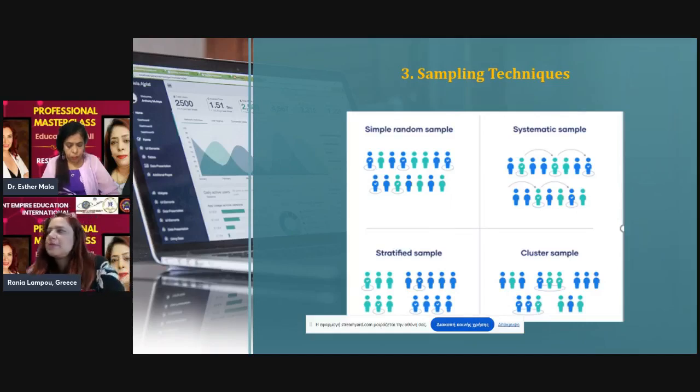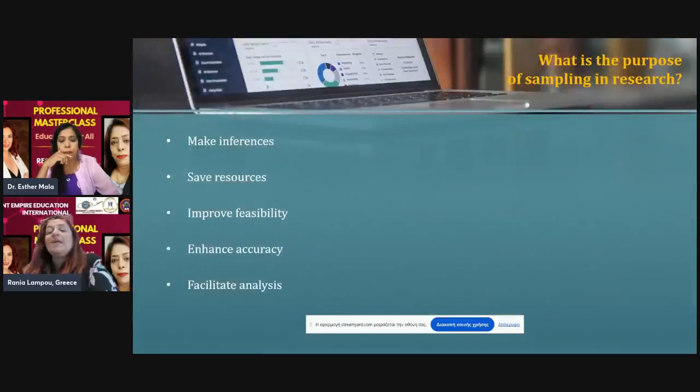The purpose of sampling in research is to select a smaller, manageable group, so a sample, from a larger population that accurately represents the population. So this allows researchers to make inferences, so draw conclusions about the entire population without studying everyone. You can save resources, reducing time, cost, and effort compared to surveying the whole population.